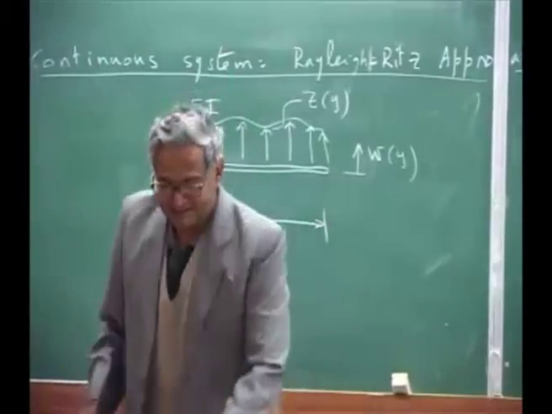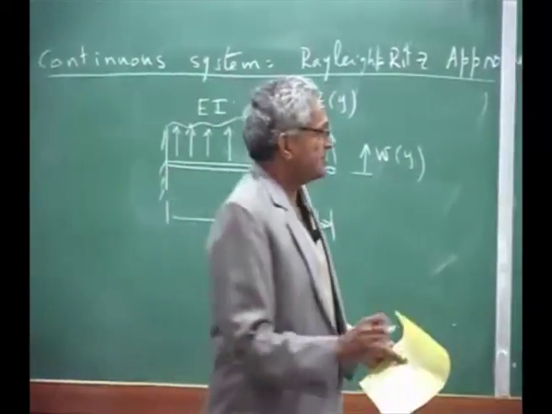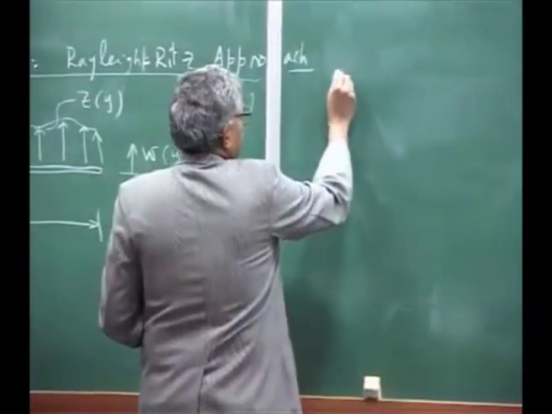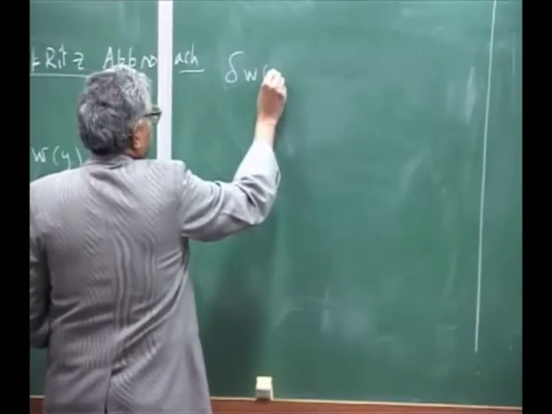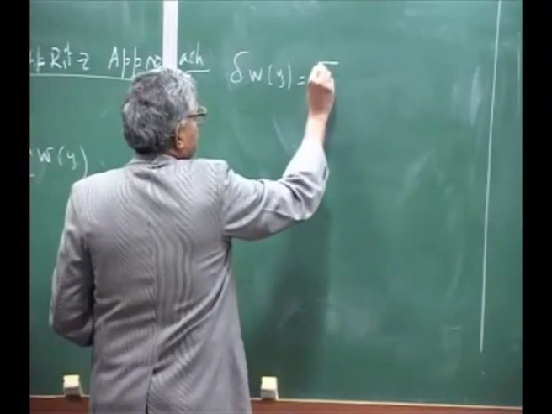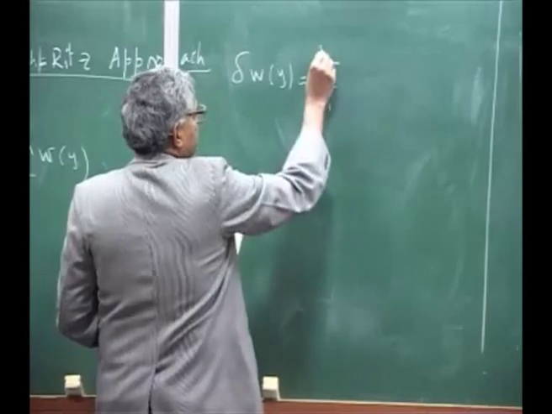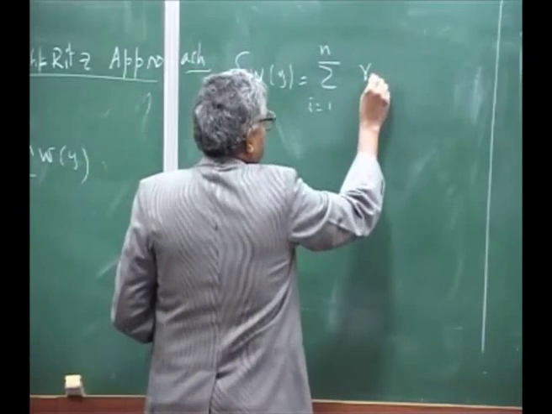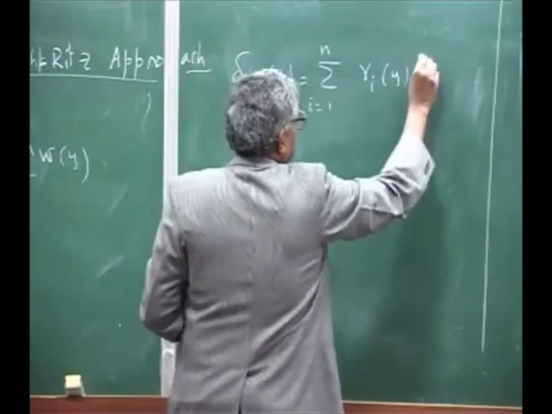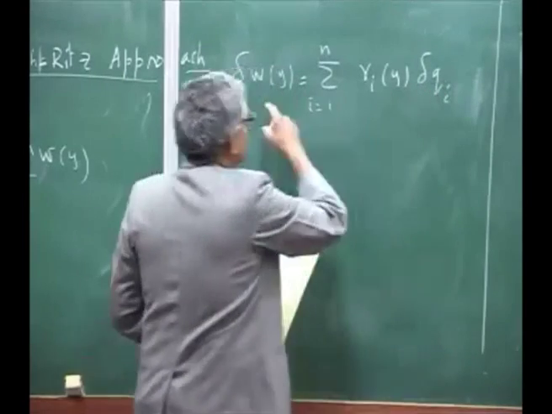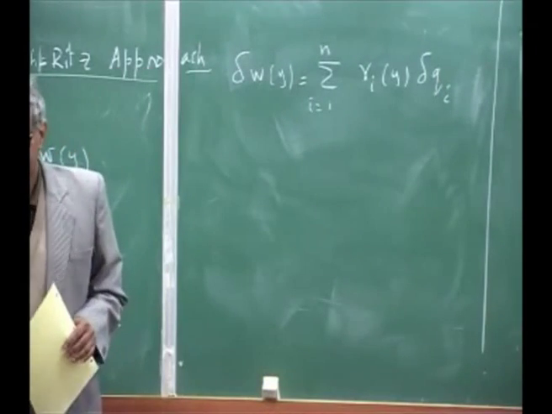So let us write, what is the virtual displacement? Delta Wy is nothing but summation i running from 1 to n gamma i delta Qi. This is the virtual displacement.